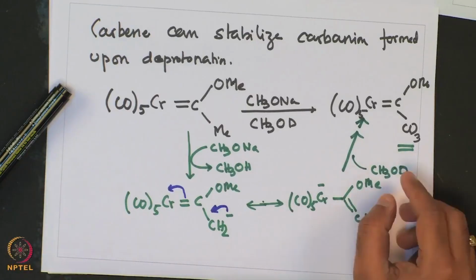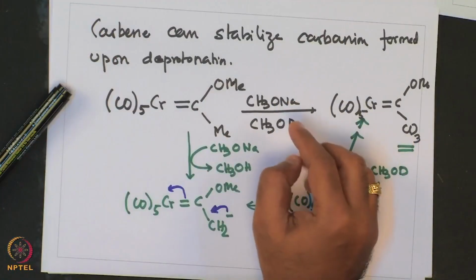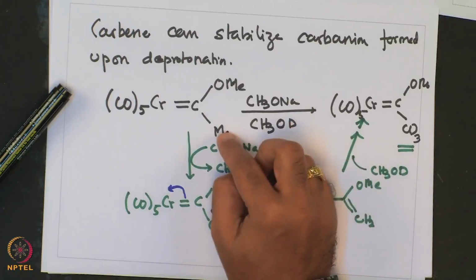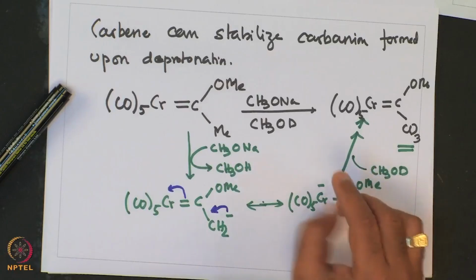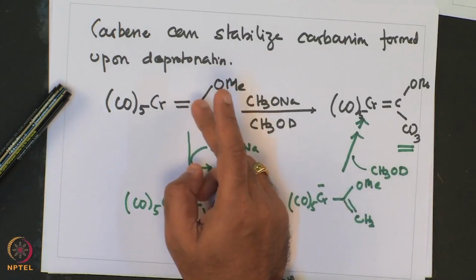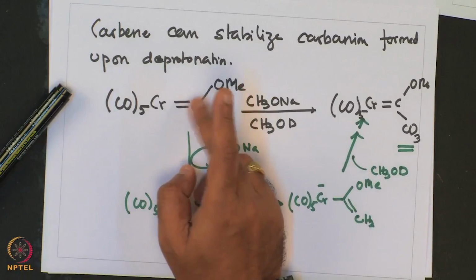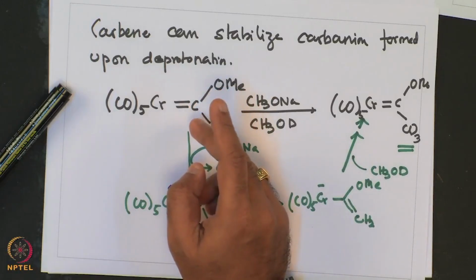So, what we have done is show that the carbanion formed by deprotonation of the methyl moiety is stabilized by the carbene, and that is because of the electron deficient nature of the carbenic carbon.